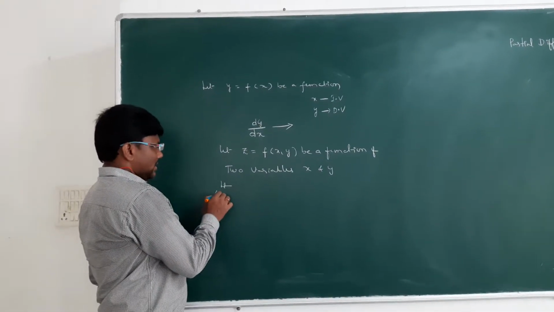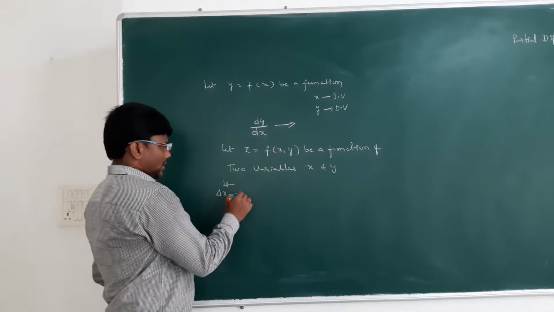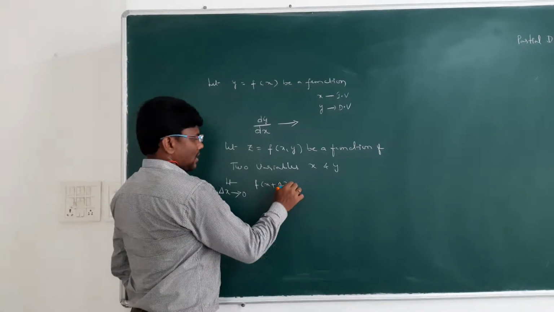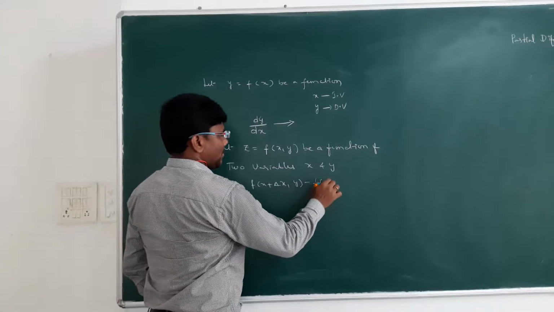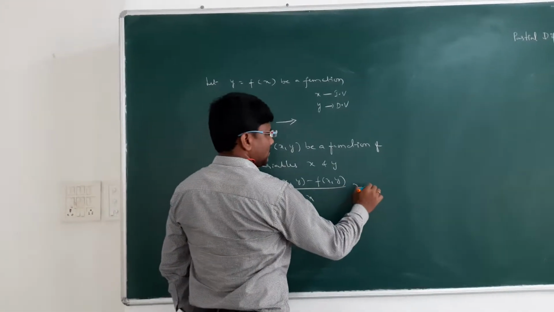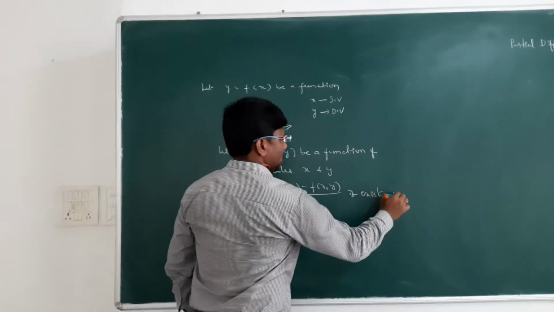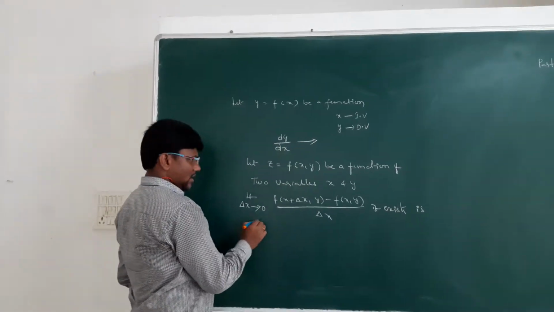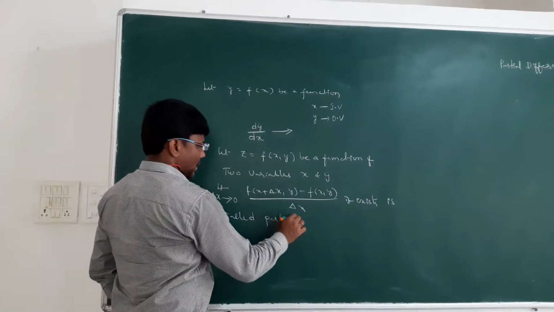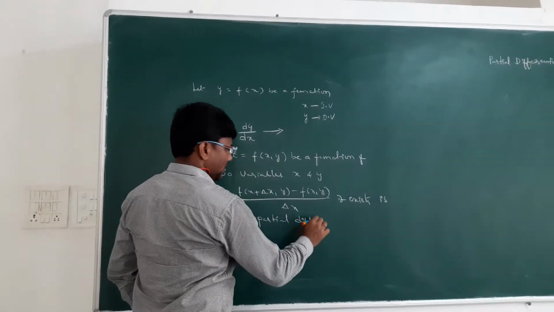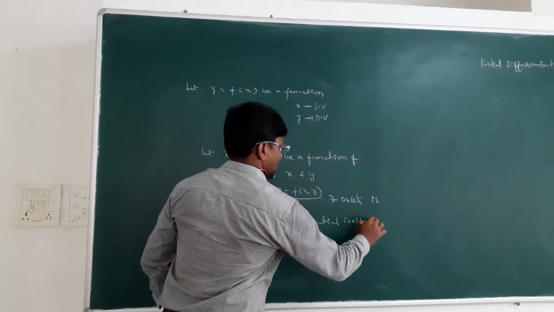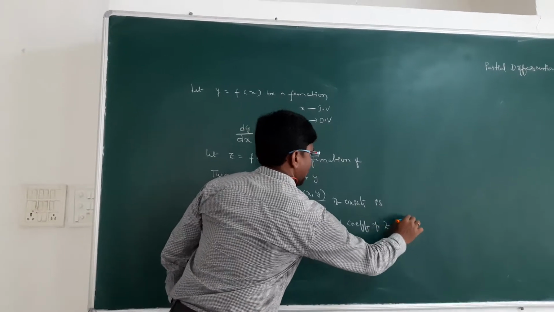Limit delta x tending to 0, f of x plus delta x comma y minus f of x comma y by delta x, if it exists, is called the partial differential coefficient of z with respect to x.